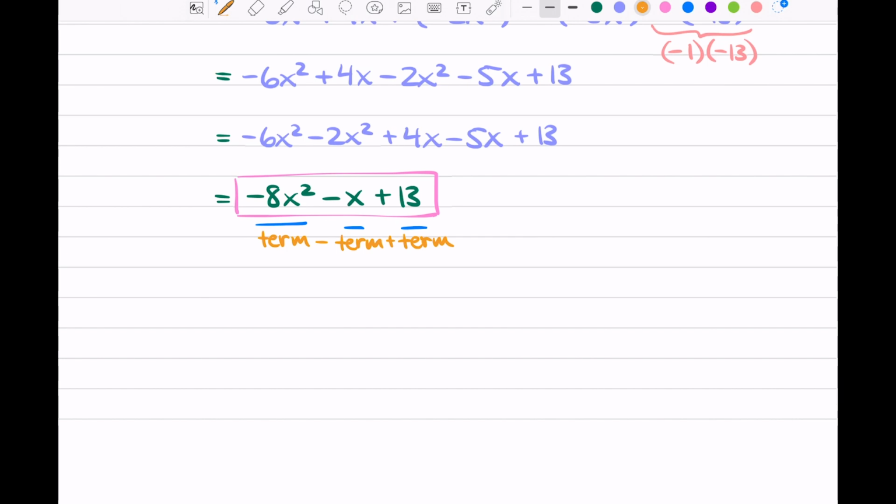However, when you have more than one term in your expression, there's a special name for it. It's called a polynomial expression, or just polynomial for short. And again, that is an expression that has more than one term.